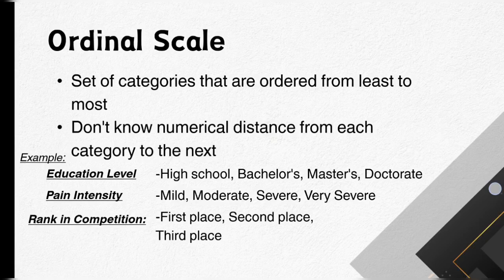Example, if you are asking people to rate their satisfaction with the service, the responses might be very unsatisfied, unsatisfied, neutral, satisfied, and very satisfied. So there's a clear order from least satisfied to most satisfied, but you can't measure how much more satisfied someone is between neutral and satisfied.